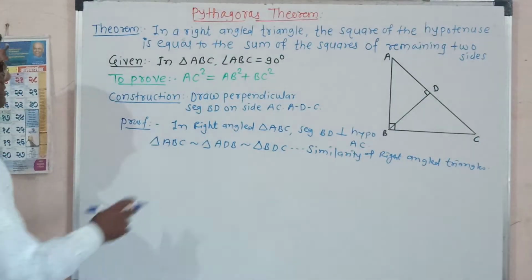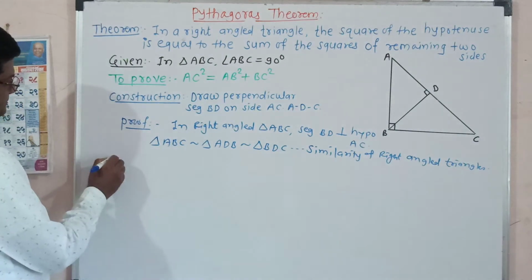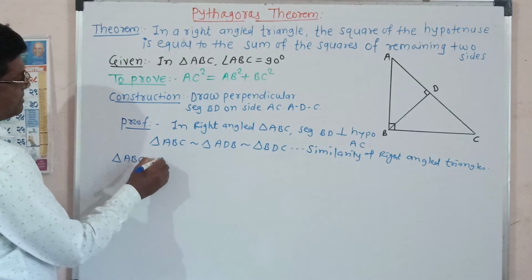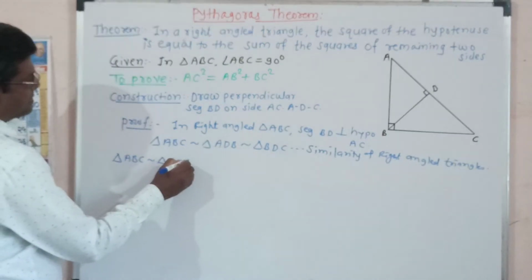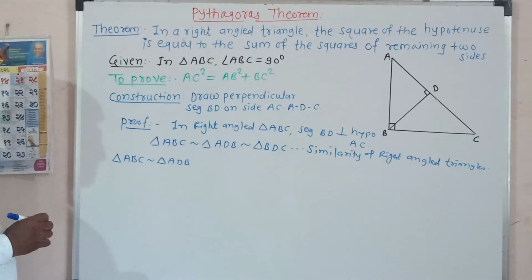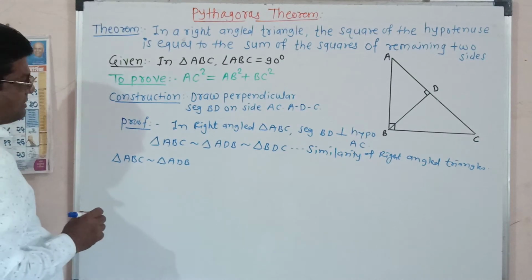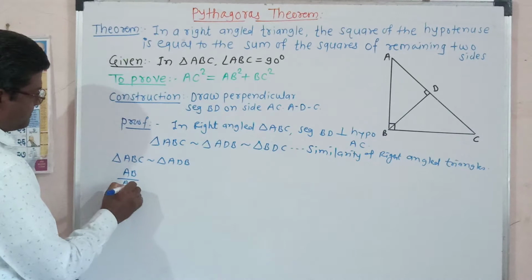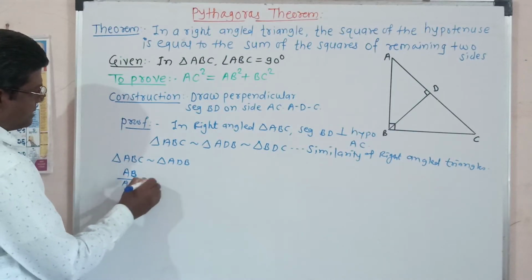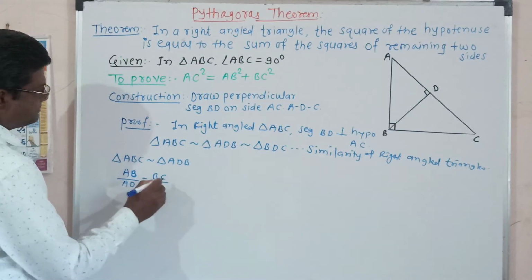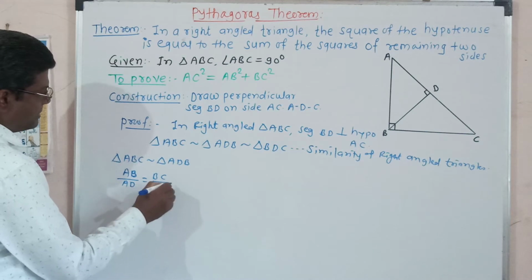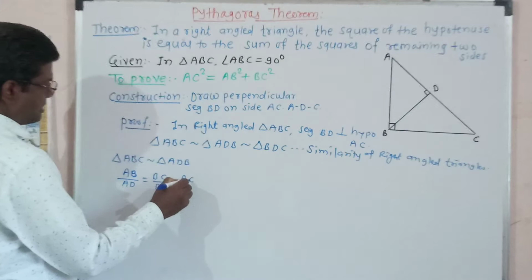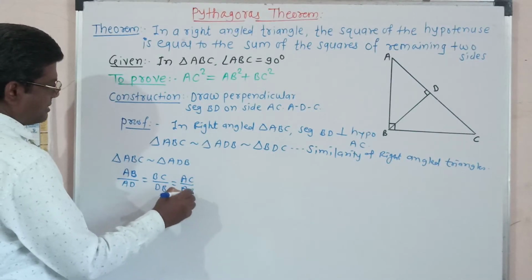Now consider these two triangles. Triangle ABC is similar to triangle ADB. Now take the corresponding sides ratio, that is AB upon AD is equal to BC upon DB is equal to AC upon AB.